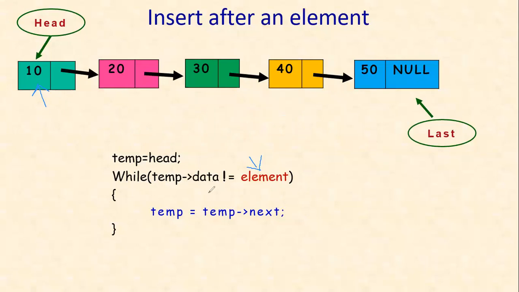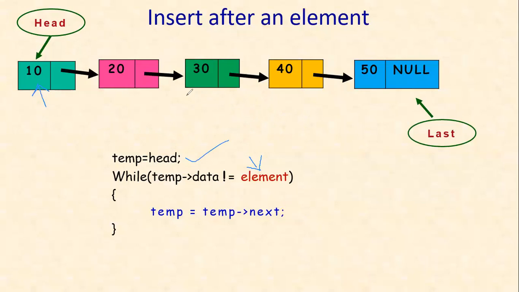Initially I am assigning the head address to temp. I'm taking a new pointer variable temp, assigning head to temp, and verifying whether temp data is equal to element or not. Now this is the head, so 10 is the data in temp.